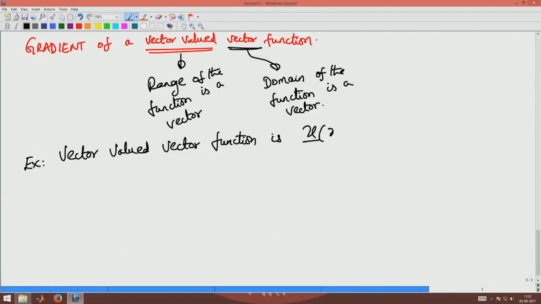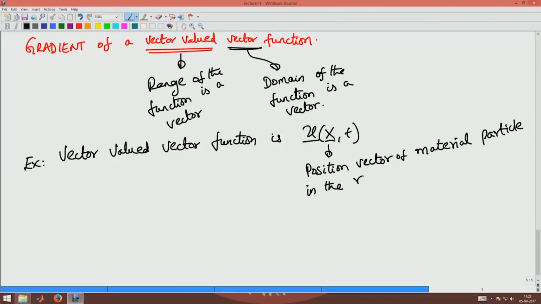displacement field, which is a function of, for us, capital X comma t, where X is the position vector of the material particle in the reference configuration.